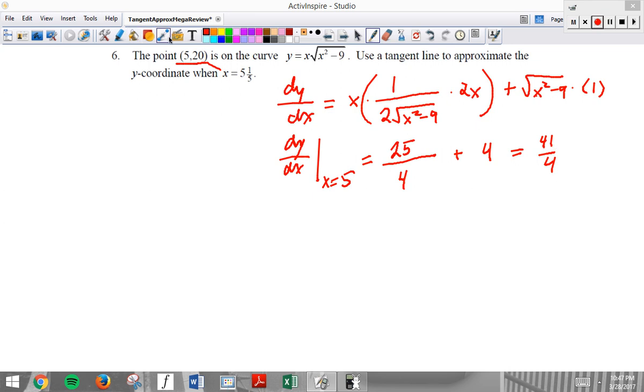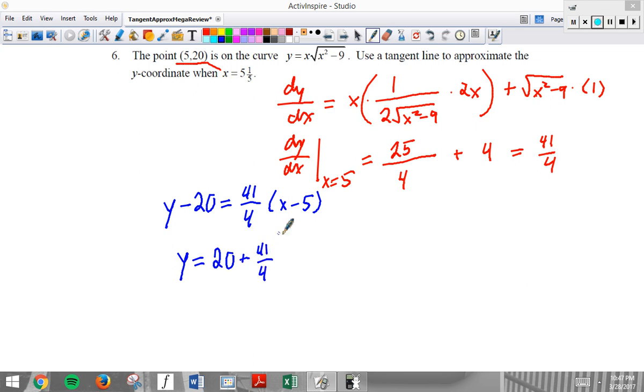That's the slope. Y minus 20 equals 41 fourths times x minus 5. Y equals 20 plus 41 fourths times x minus 5.